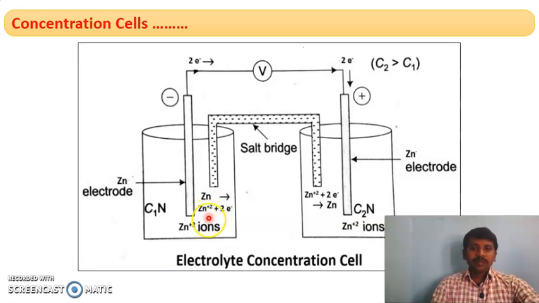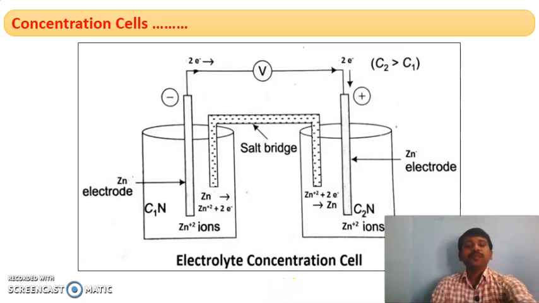This is Zn plus 2 of C1 concentration. This is another electrolyte, Zn plus 2 ions having concentration C2. The condition taken here is C2 is greater than C1. For this condition, we will see oxidation occurring at the left hand side electrode, and reduction occurring here. And this is about concentration cells.